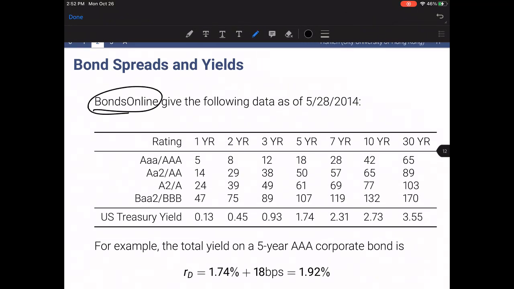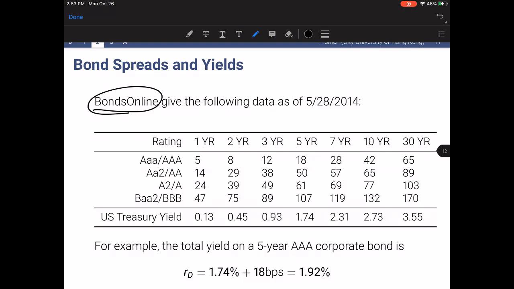You can Google this, definitely, and they have a table that's continuously updated. What this table tells you is that once you know the rating score of the firm you're trying to value and you don't observe its debt, you can simply use these ratings and find its corresponding credit spread.